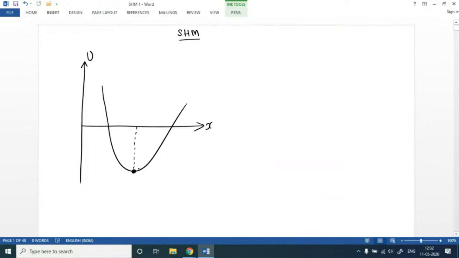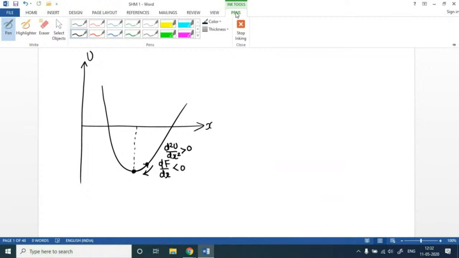And if I displace it slightly from here to here, it will start experiencing a restoring force, because at this position you can see that dF/dx is a negative quantity. Alternatively, you could clearly see that d²U/dx² is a positive quantity, and F is nothing but minus dU/dx. So here dF/dx is a negative quantity, which is why a restoring force will try to bring it to its original equilibrium position.